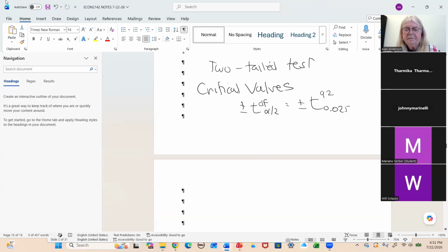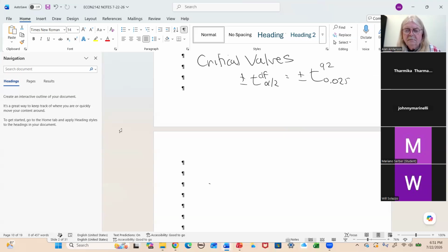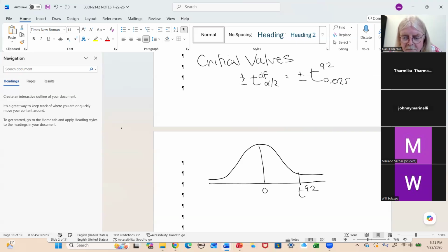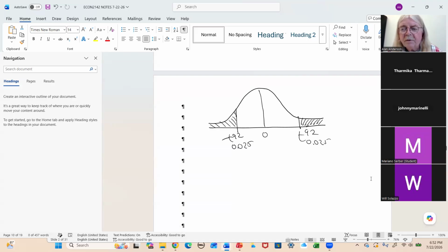Okay, and that one's negative. Okay. All right, so we can certainly look up either one of them because it's the same number with two different signs.